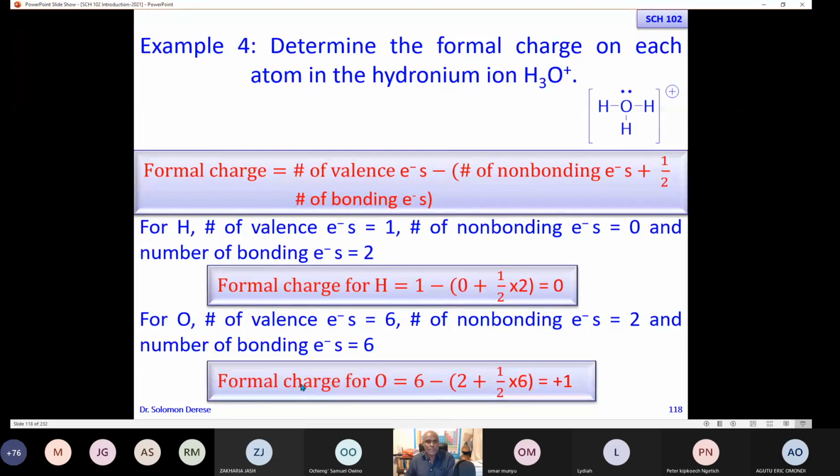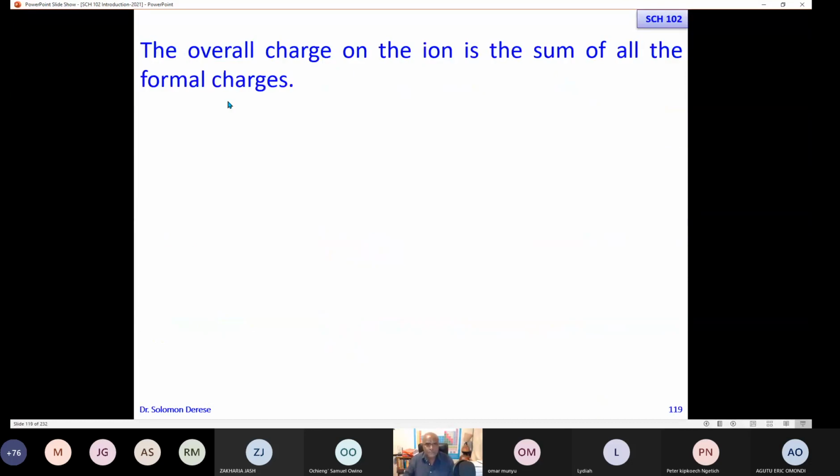So when you calculate the formal charge on the oxygen, from its valence electrons, 6, you subtract the number of non-bonding electrons, 2, plus half of the bonding electrons, half of 6. So 6 minus 2 plus 3, 6 minus 5, it is plus 1. So this is how we calculate formal charge for any element, in any compound, okay?